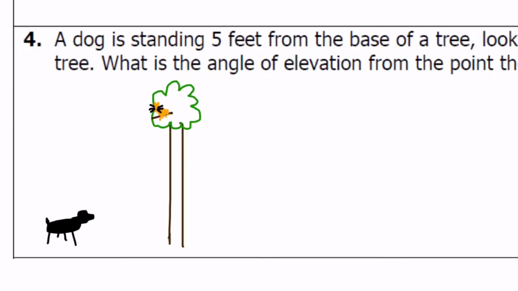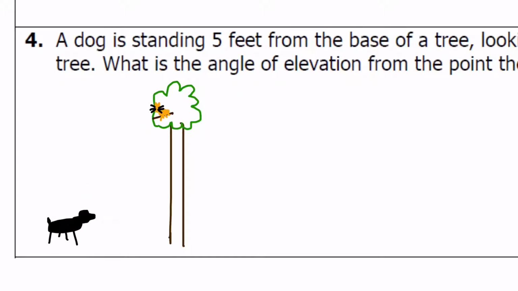I wanted to look at number 4. It's a little bit different. So here's my dog and my tree with the cat in it. I have a dog that's standing 5 feet from the base of a tree. I'm going to draw that right there.